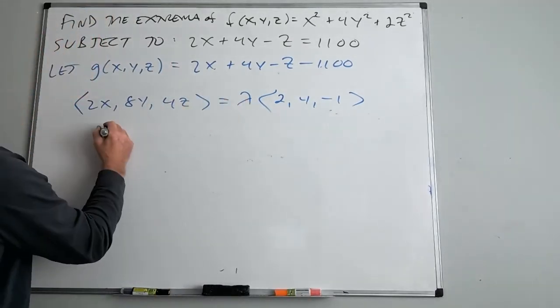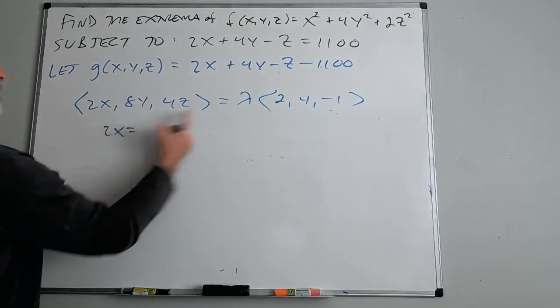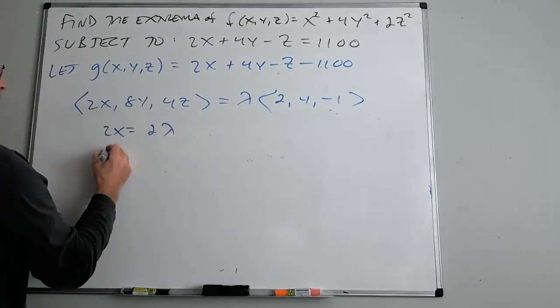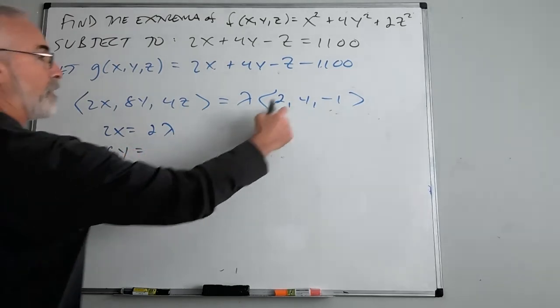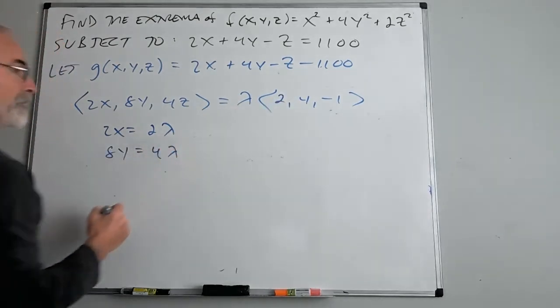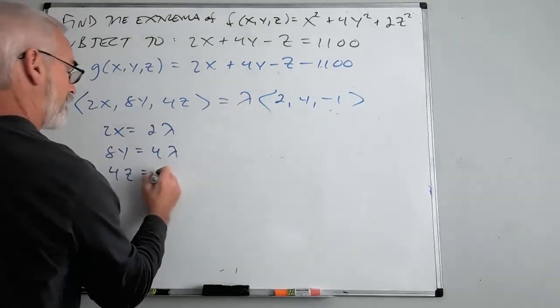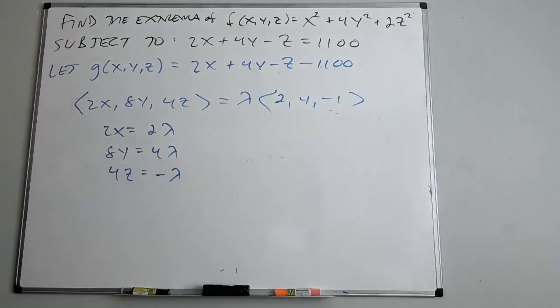So this says 2x equals lambda times 2, or if you'd like, just say 2 lambda. 8y equals 4 times lambda. 4z equals -1 times lambda. I think I can get all the lambdas by themselves on the right side.